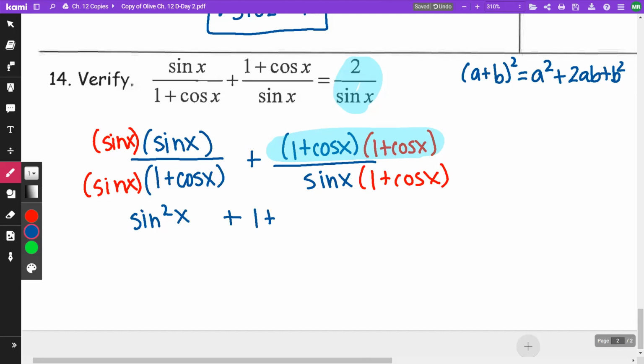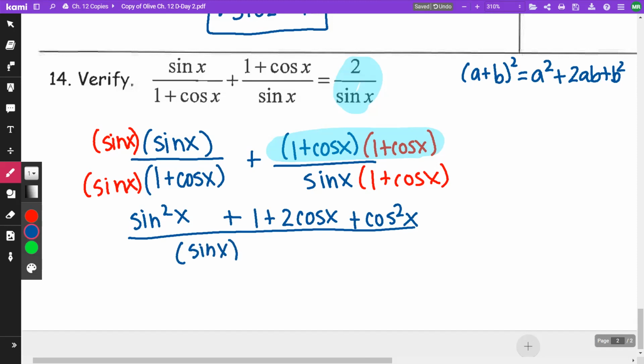When I multiply my 1 and cosine x together, I get a 2 cosine x after I double it. And then I'm going to square my cosine, so I get a cosine squared x. Now, all of this is going to be over the denominator, sine x times 1 plus cosine x. And again, what we're trying to get is 2 over sine x.